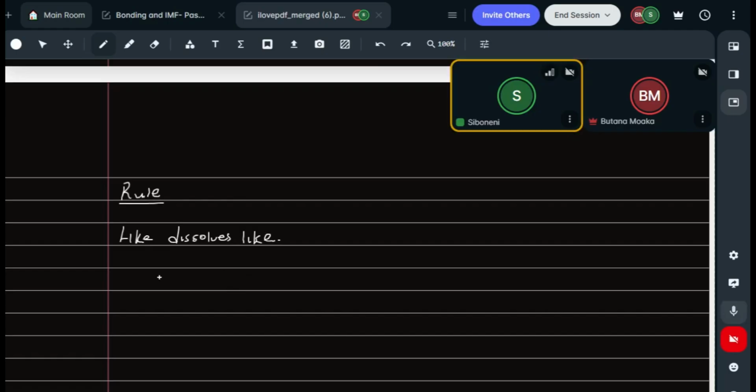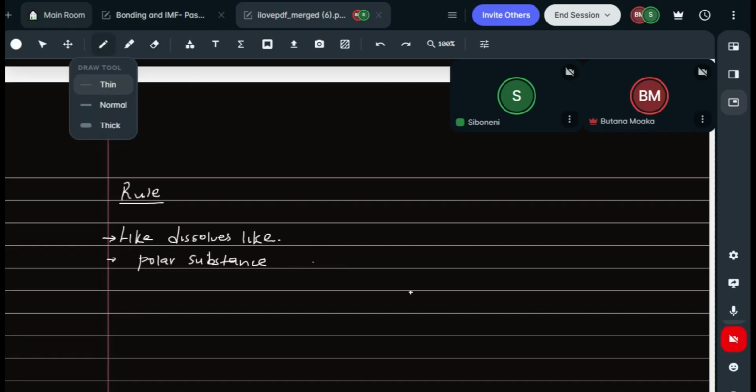And another rule that I can give you is that the polar substances dissolve in polar substances. Are you following?